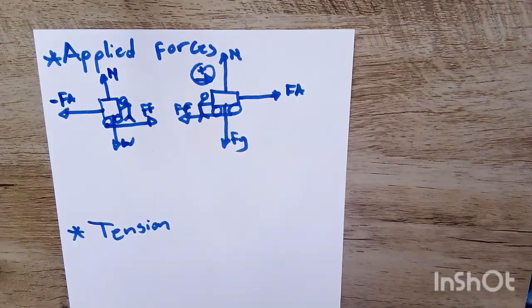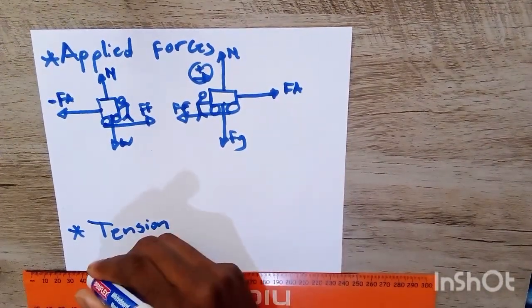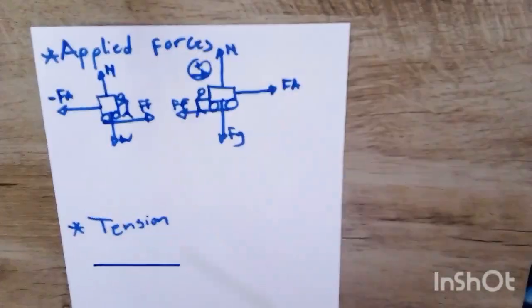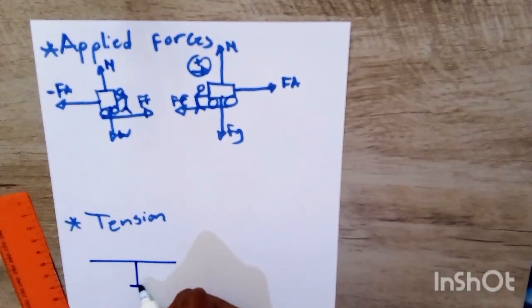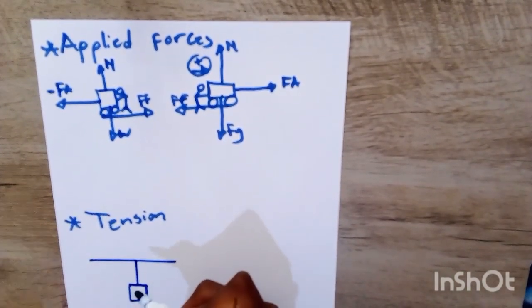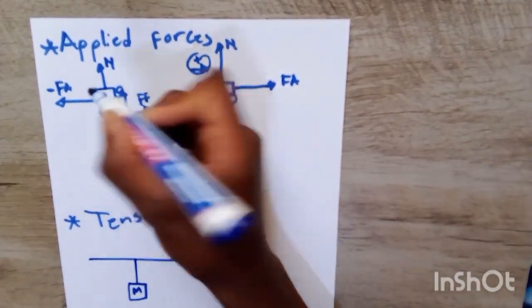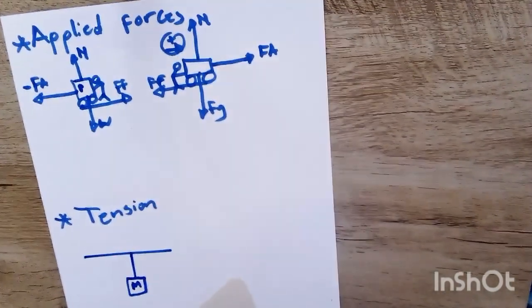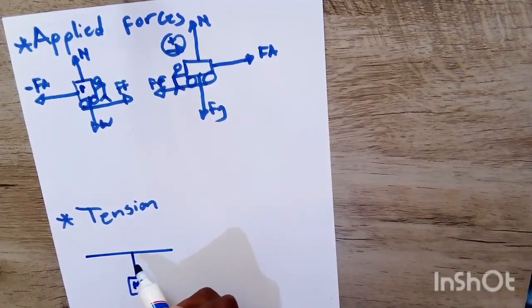Now I want to speak about tension, assuming that we have a hanging object. Let me start smaller. We have a hanging object of mass. Here, our object is hanging on a string.